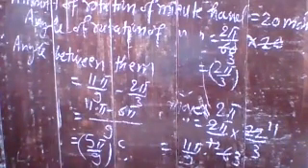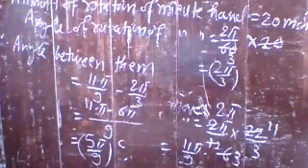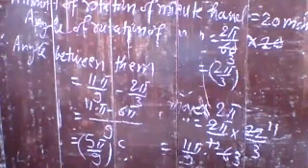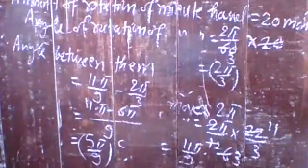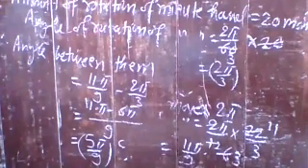Next question. In a right triangle, the difference between two acute angles is pi upon 18 radian.